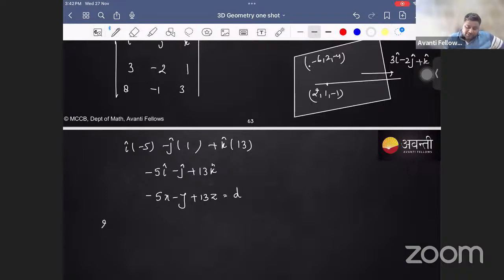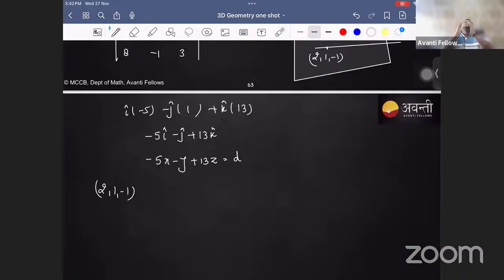Now this plane is passing through (2, 1, -1), so substituting: minus 5x minus y plus 13z equals minus 10 minus 1 minus 13. So it will be 5x plus y minus 13z equals 24.